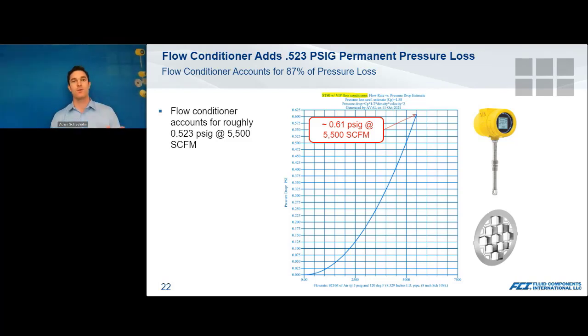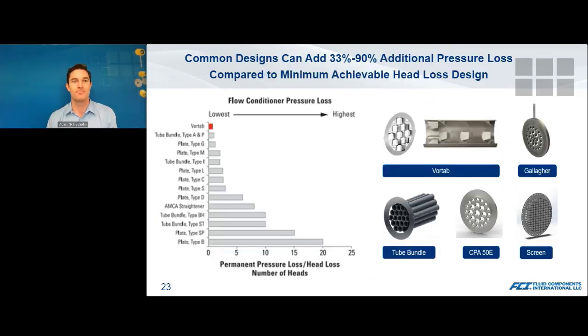But looking at the overall pressure loss that you would see here, most of it, 87% of it, the total being 0.61, is from the flow conditioner, which raises the question: do some flow conditioners cause more pressure drop than others? And the answer to that question is yes. We have several different types of flow conditioners that we offer. One of the most prevalent is the VIP plate.